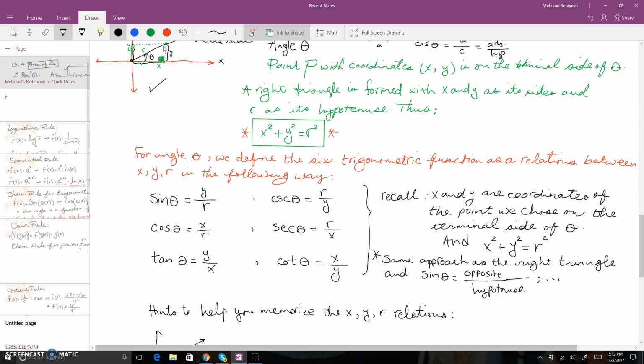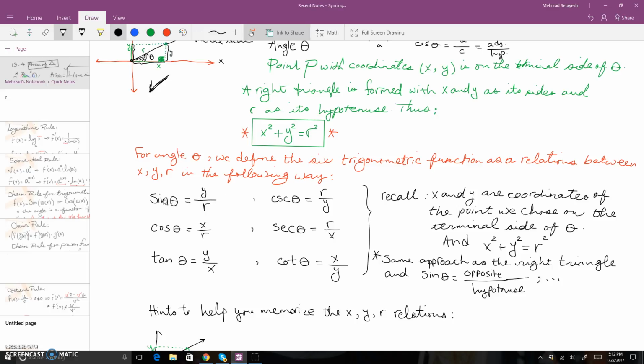Look at the picture that we had at the beginning, this one. Just focus on this right triangle that is formed by x, y, and r. If I'm looking for sine of theta, didn't we say sine is opposite over hypotenuse? Opposite to this theta is y and hypotenuse is r.